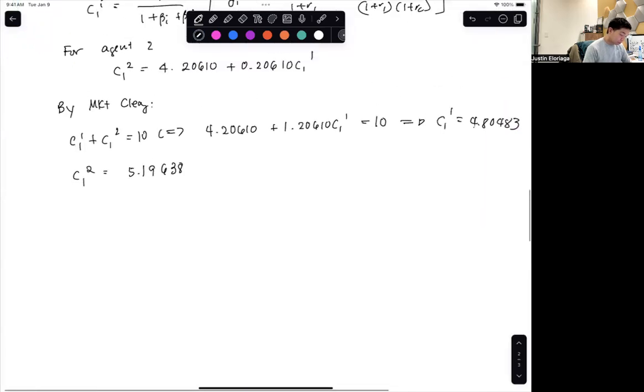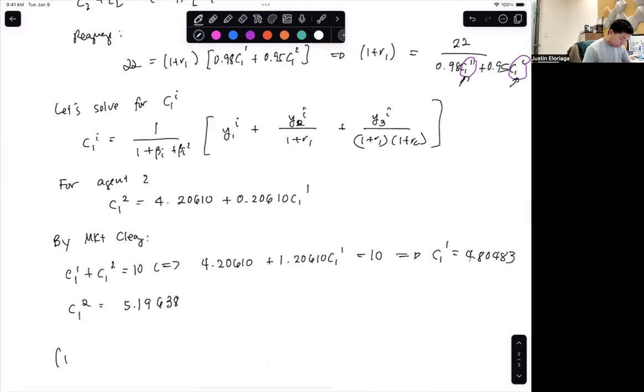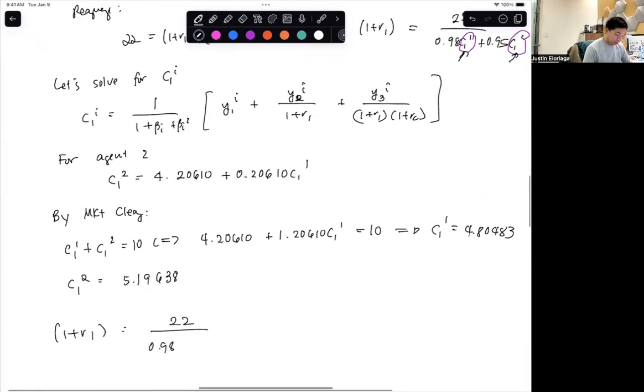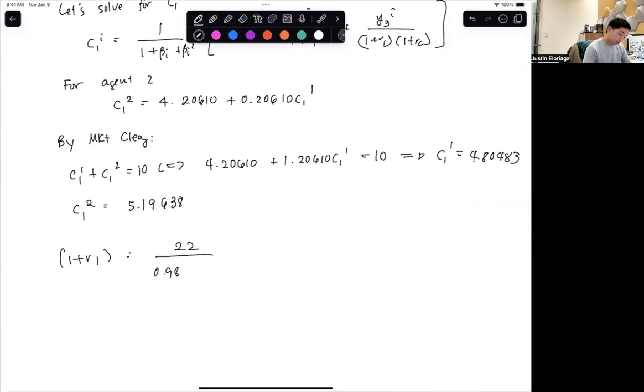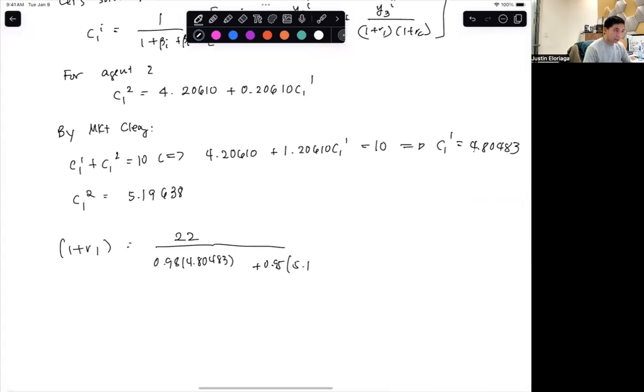So 1 plus R1 is equal to 22 over 0.98 times C11, which is 4.80483, plus 0.95 times 5.19638. That is going to be equal to 2.28090, which means that R1 is equal to 1.28090. So that's how to get R1.